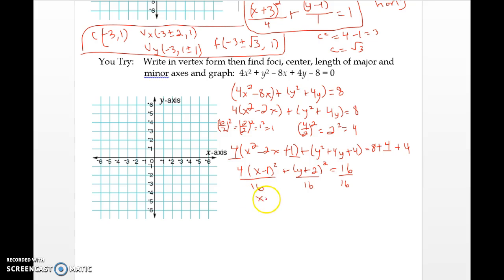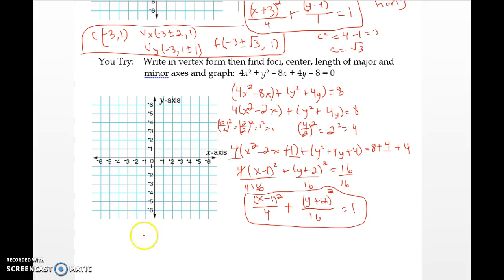And you get (x minus 1), not plus 1, quantity squared over 4, because we can reduce this 4 and that's 16, plus (y plus 2) quantity squared over 16 equals 1. So here is our equation in vertex form.